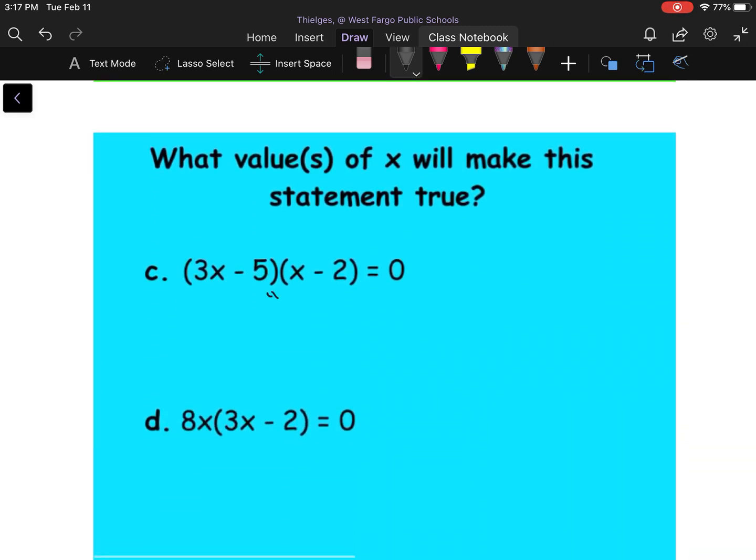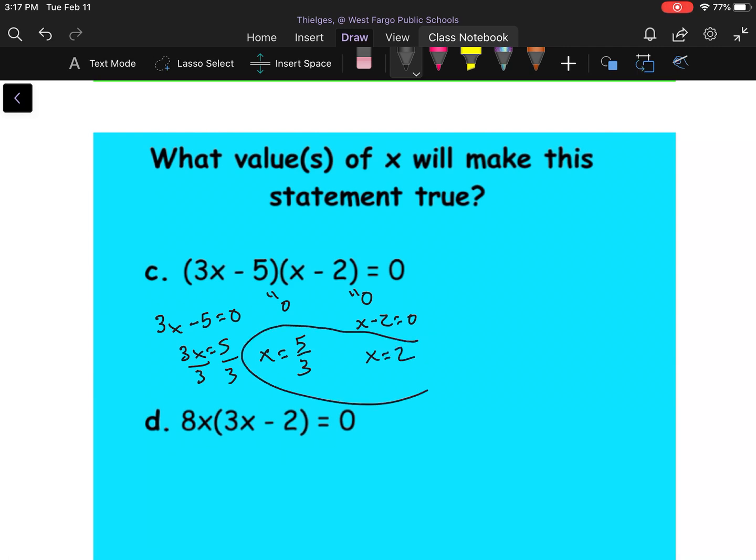Okay, just trucking along, setting them equal to 0. So addition is the inverse there, so 3x equals 5. Divide by 3, x is 5/3. Add 2, so x is equal to 2.